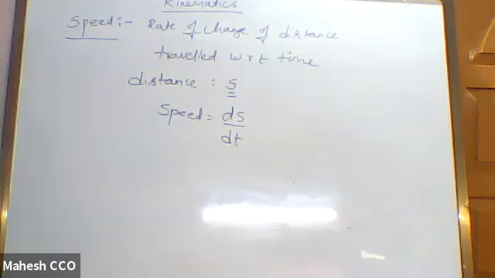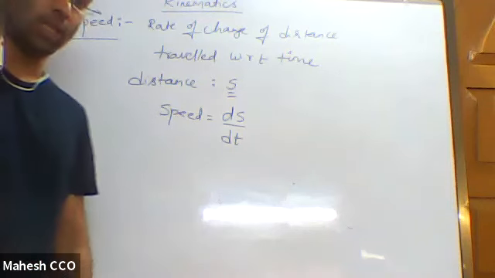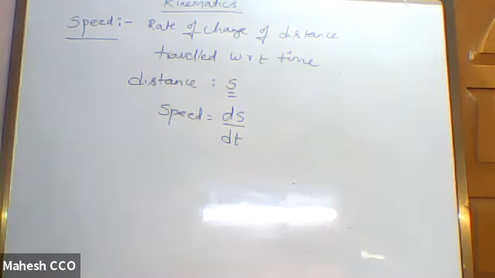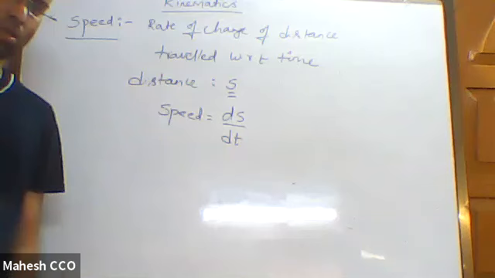In the first chapter, basic mathematics, we have learned that differentiation gives you the rate of change of something. Therefore, speed is the rate of change of distance covered with respect to time, so it can be denoted by ds by dt.